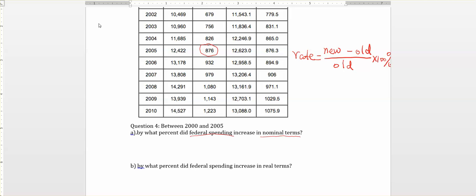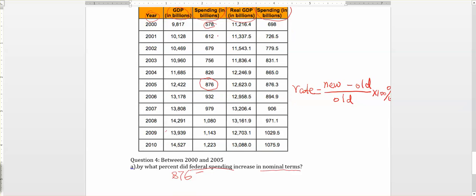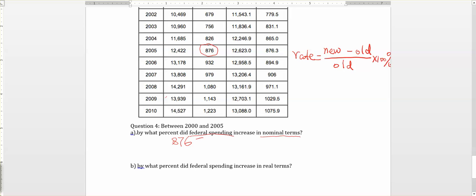So the new number is 876, minus the old number. The old number is the federal spending in nominal terms in 2000, which is 578.